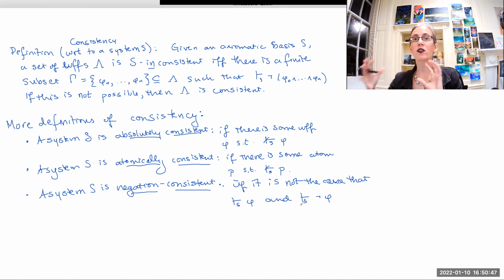So once you pull negation apart from simple failure to be true, then all of a sudden, phi and not phi are no longer duals of each other. And therefore, it's relevant to speak of systems where there's a notion of consistency that says, even if these two are not duals of each other, we don't want to have both of them in the system at the same time. So here are 4 definitions of consistency.